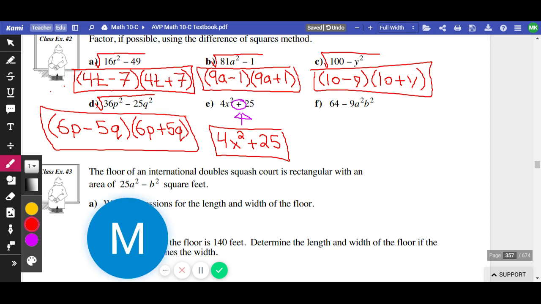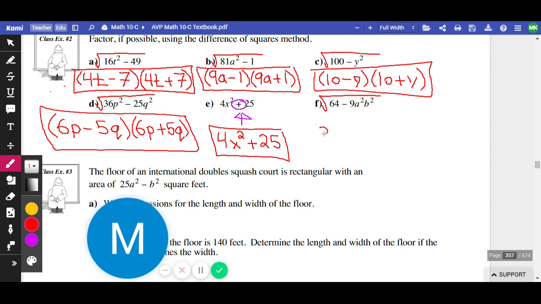Awesome. F is a little weird because there's extra letters on one of them. So if you look at F, it still fits our rule. It's subtraction. That's good. I can square root everything. 64 square roots, 9 square roots, a squared square roots, and b squared square roots. So I can do one big difference of squares here.